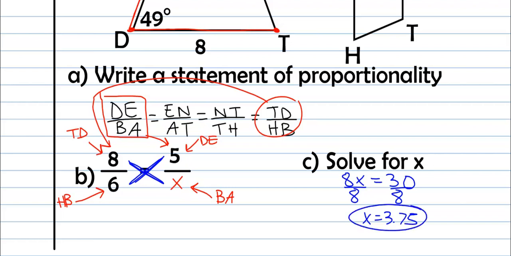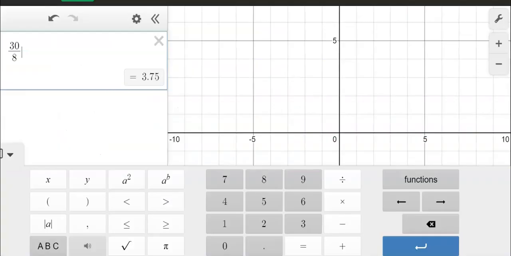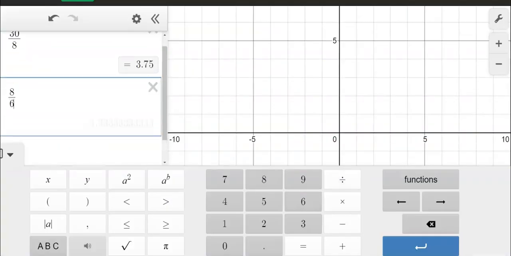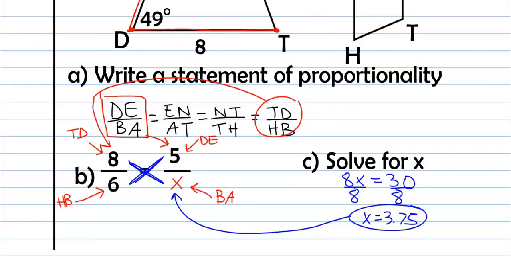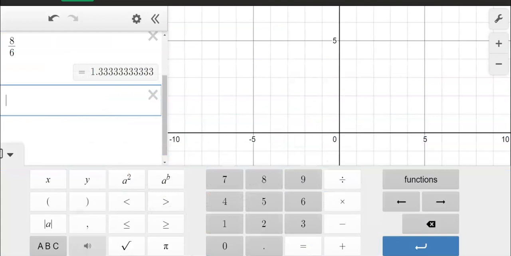All right, and then last thing, I know this video is getting a little on the long side, but I would always check my work there. So I would always substitute that back in and just make sure that those proportions or those ratios are actually congruent or equal. So I would do 8 divided by 6, test that in a calculator. So 8 divided by 6 is that. And then our other one was 5 divided by 3.75.